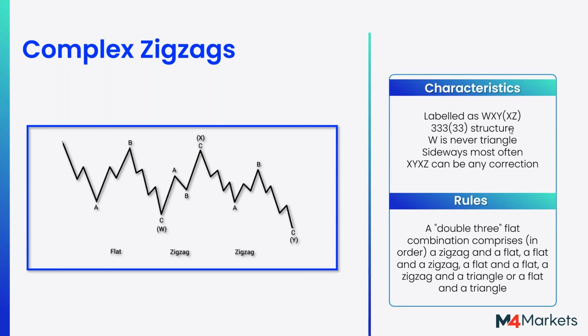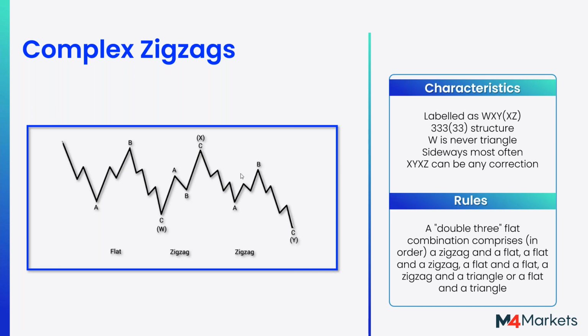Labels W, X and Y could also be WXYXZ if it's a triple three. And the structure is 3-3-3 always. W is never a triangle, guys, never. Never anything starts with a triangle, never.